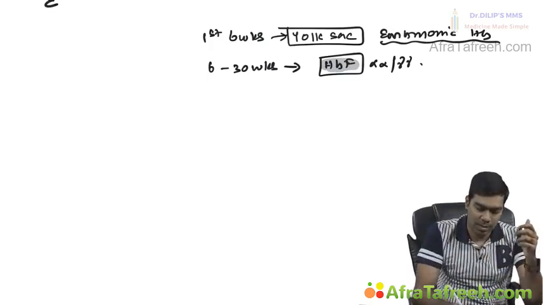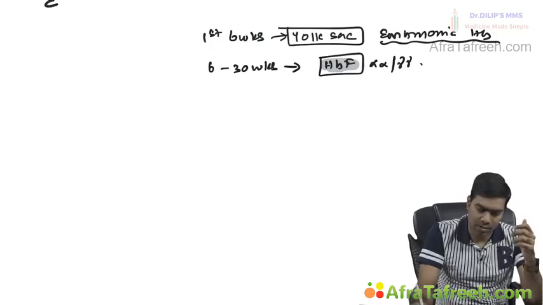So which means from 30 weeks till birth. At around 30 weeks, what will be the numbers?